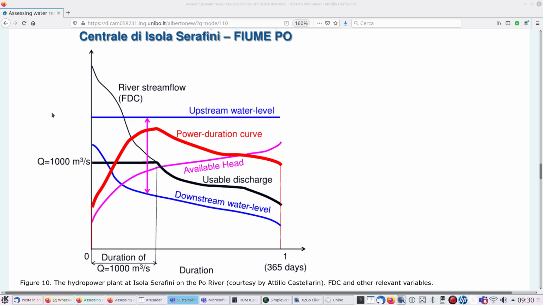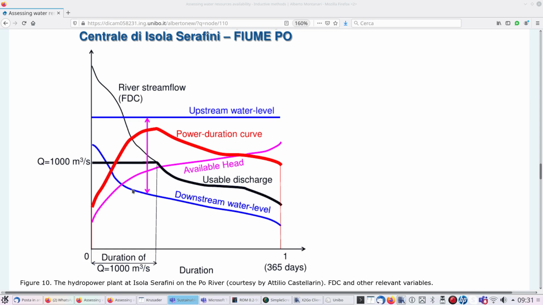Roughly speaking, the difference in elevation between upstream water and downstream water is the head. I said roughly speaking because actually the correct definition of head depends on the type of turbine. In this case, it is a turbine for which indeed the definition that applies to head is what I said. Difference in elevation between upstream and downstream water. I hope it is clear.